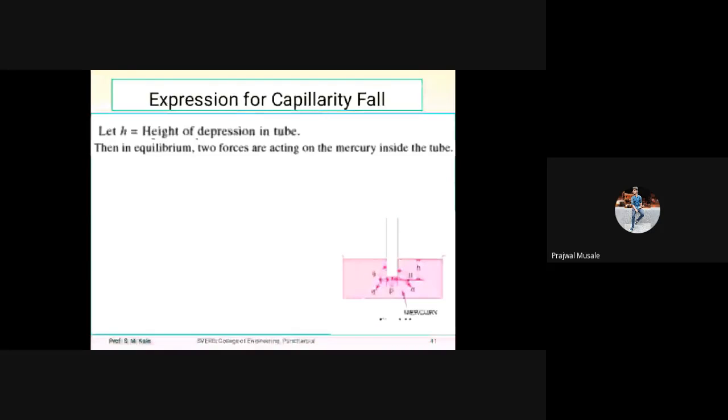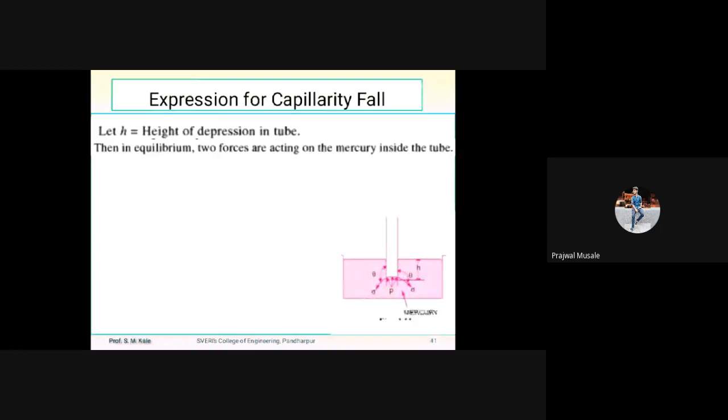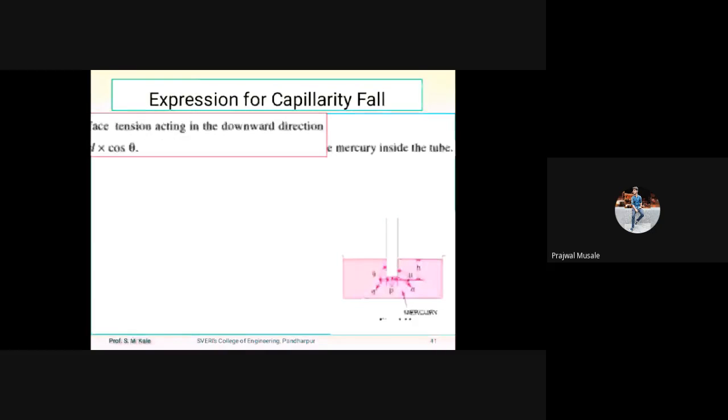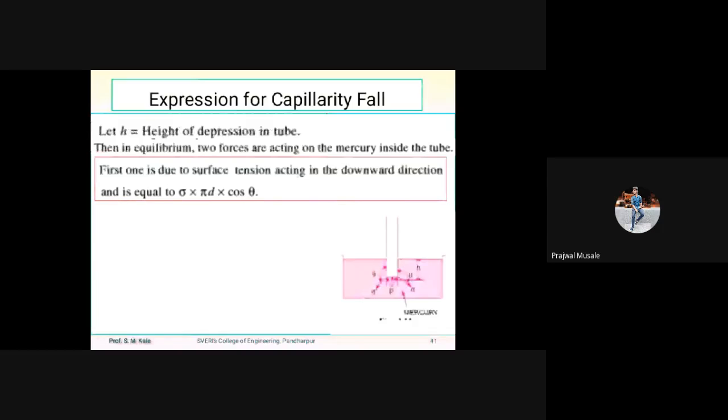Here sigma is nothing but the surface tension, the tensile force, acting over the circumference pi d. So the first one is the surface tension acting in the vertically downward direction, that will be equal to sigma into pi d into cos theta, because that surface tension is making an angle theta with the glass tube.